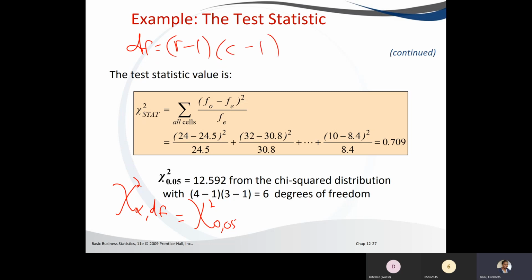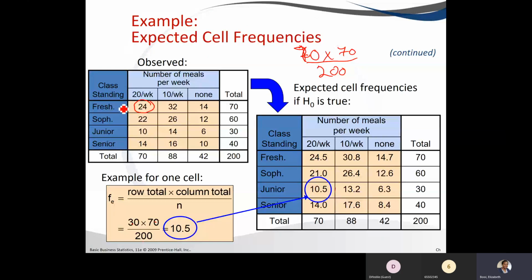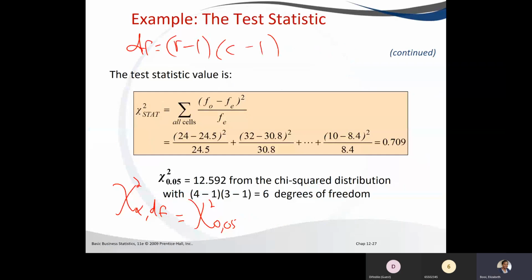So how many rows do we have? If I look at the observed values, we have 1, 2, 3, 4. So there are 4 rows and 3 columns. So to calculate this, we say 4 minus 1 and 3 minus 1.